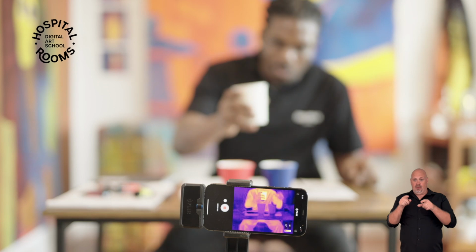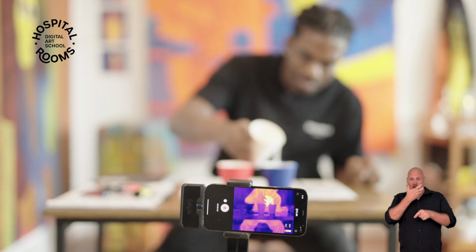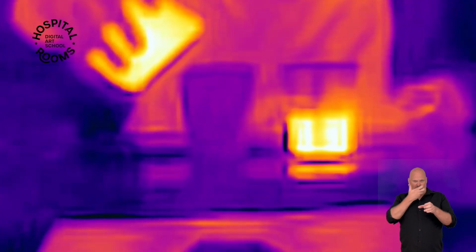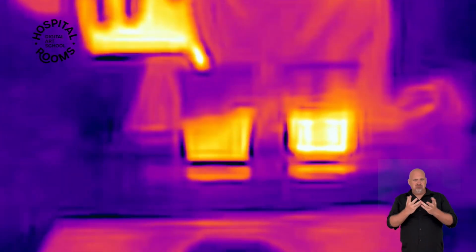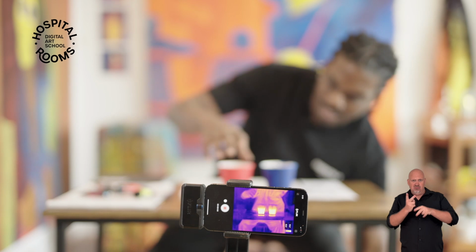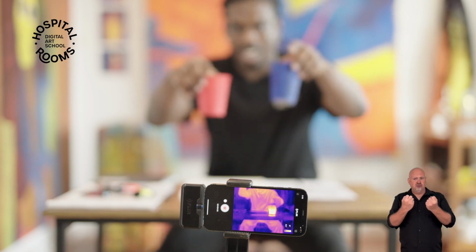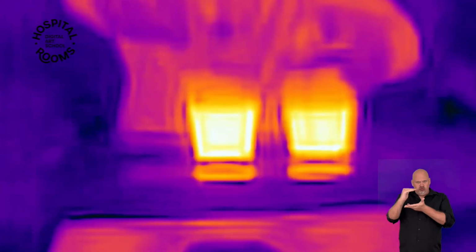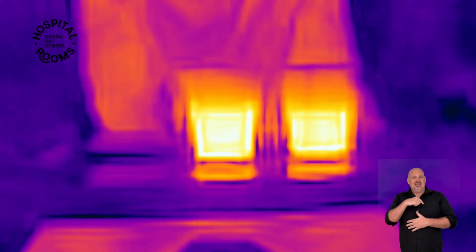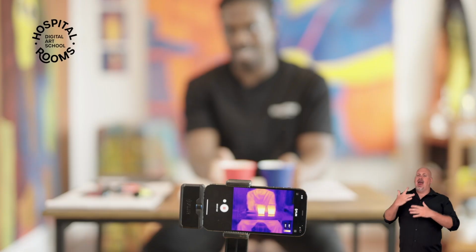Now if I put the hot water in this cup, and I put the same hot water in this cup, now, through the camera, this is still red and blue, but through the thermal imager, they are the same color. They have the same content.